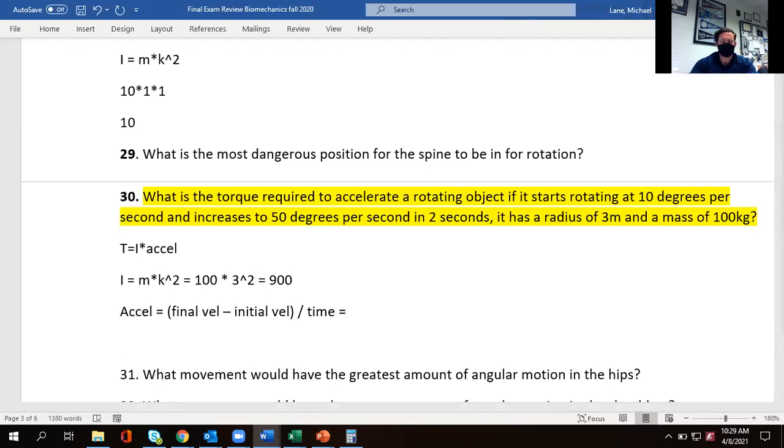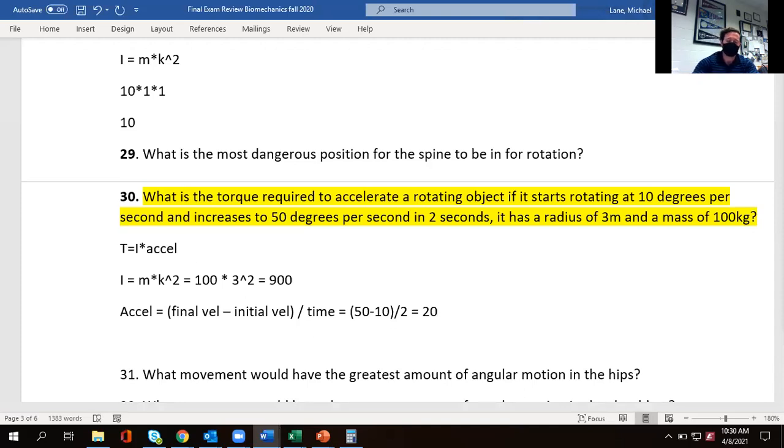So now, this example finishes at 50, starts at 10, and it does so over 2 seconds. So 50 minus 10 is 40. 40 divided by 2 is going to equal 20.